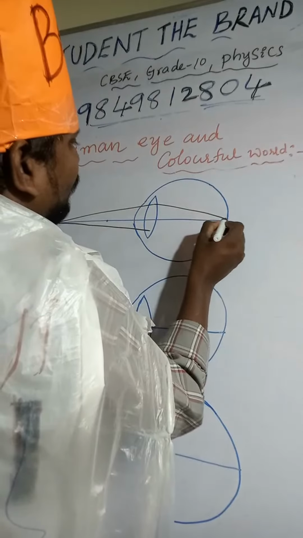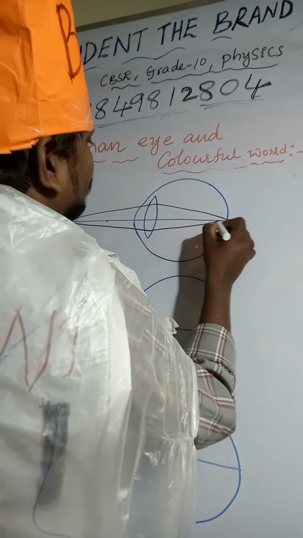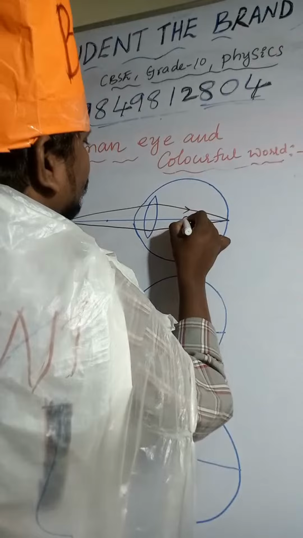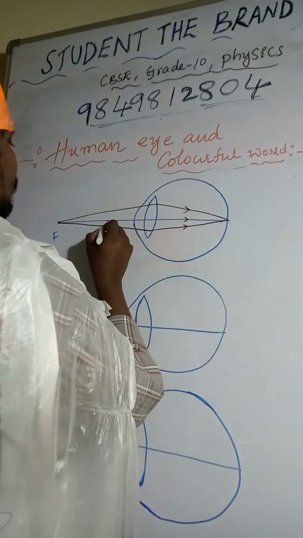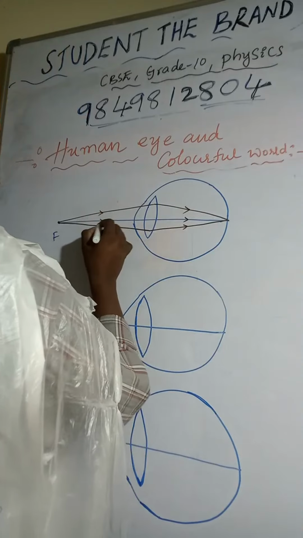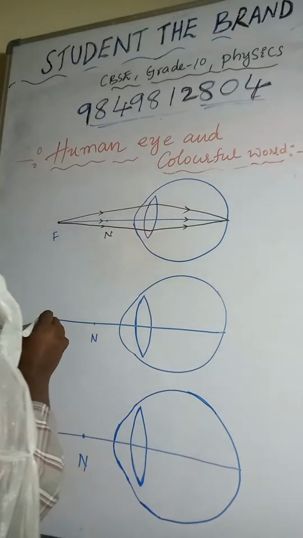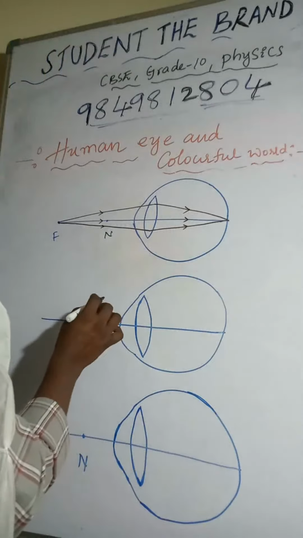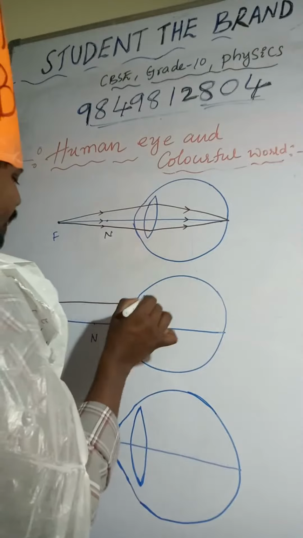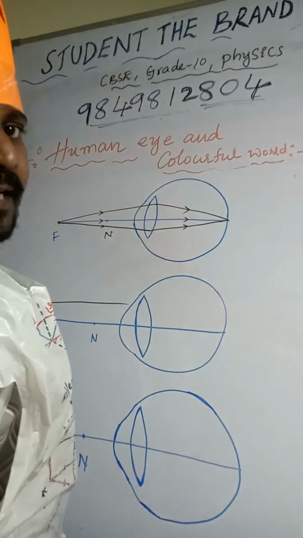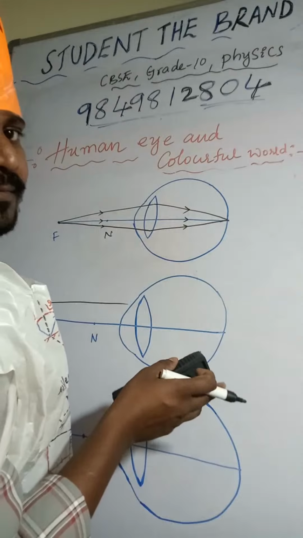So the image will form at retina. So if the light rays are coming from infinity, those light rays will meet in front of the retina.